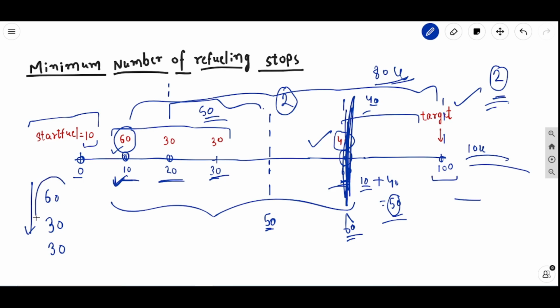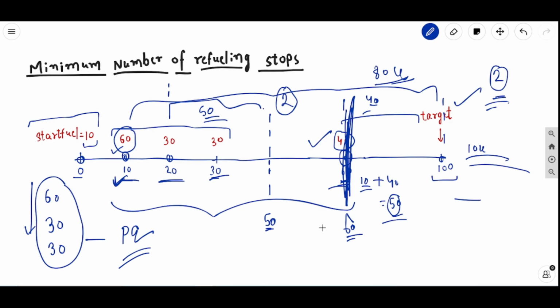To order these gas stations in this order, I will use a priority queue. I will simply iterate over this gas station array which contains pairs, where each pair contains the position of a gas station and the fuel that it offers. For any gas station, I will find the amount of fuel that has been consumed to arrive at that particular gas station.